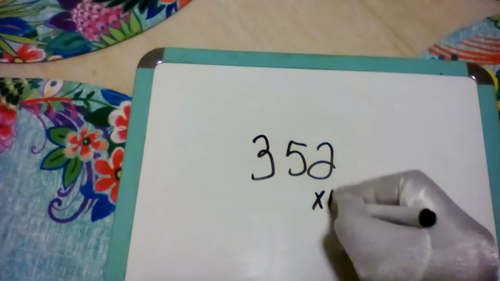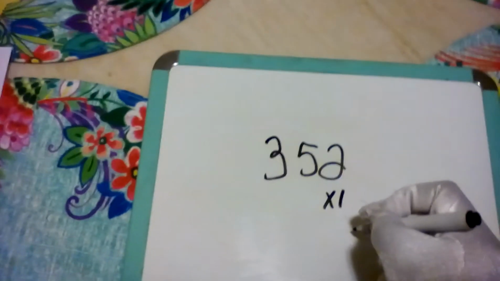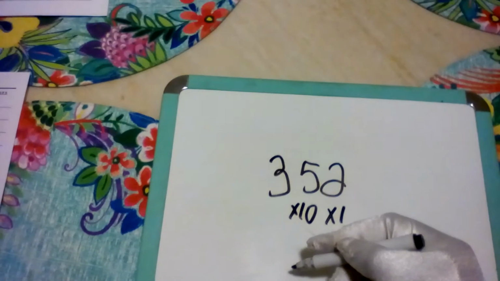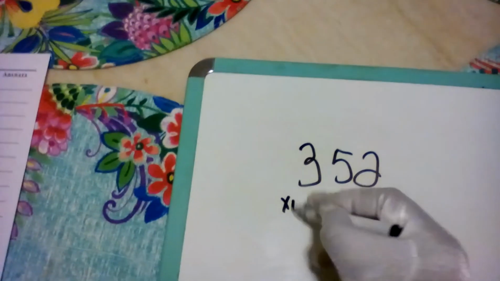We said that the ones place has a place value of 1 times 1. The tens place has a numerical place value of times 10. And the hundreds place has a numerical value of times 100.